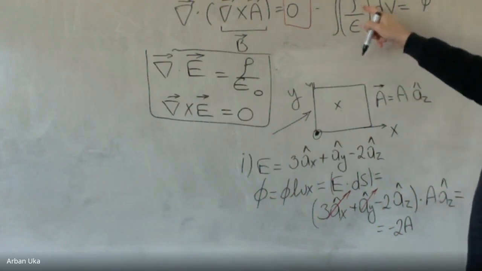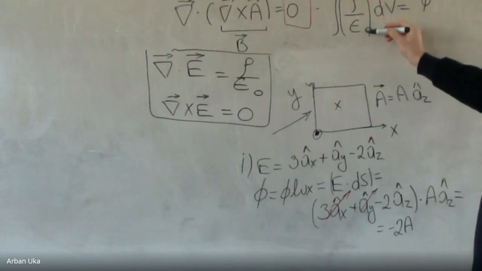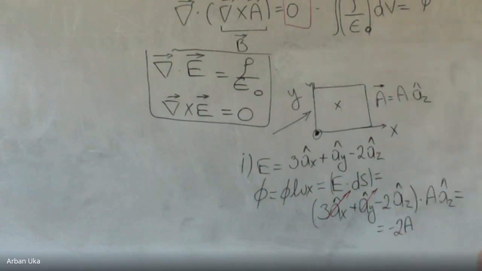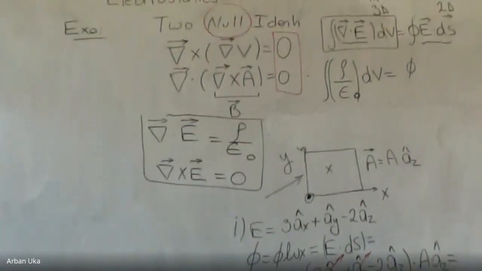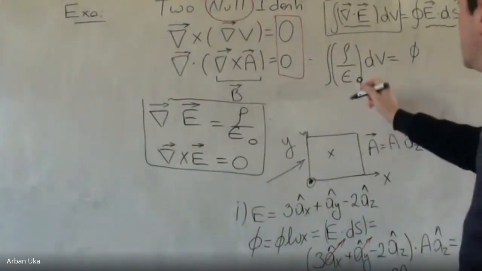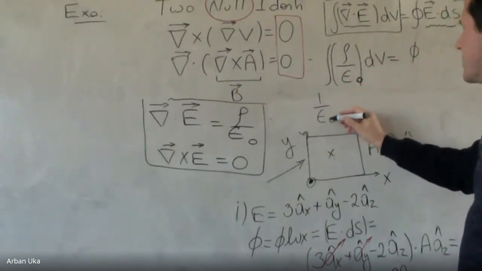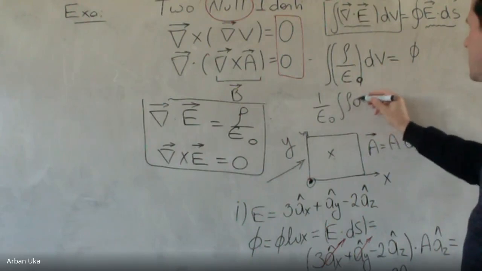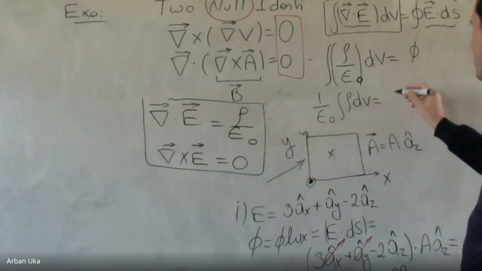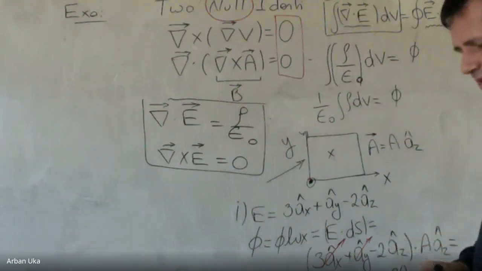Then we come to this part, this permittivity of free space, it's a constant. So we can take it out of the integral, and if we do that, we will have 1 over epsilon 0 times the integral of rho dV. This is equal to the flux.